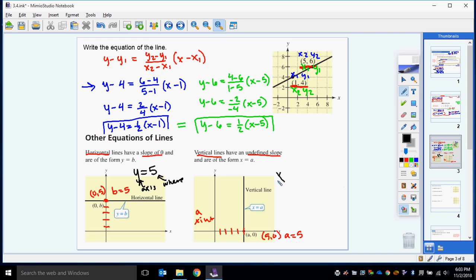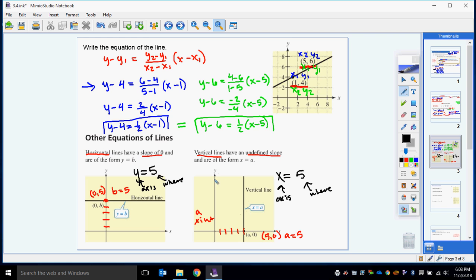So this form, x equals a number, is the same thing. It's telling you which axis it's crossing and where it's crossing that axis. This is crossing the x-axis at 5, which means it has to be a vertical line. If it's only crossing the x-axis, it's never going to be side to side or diagonal, just up and down.